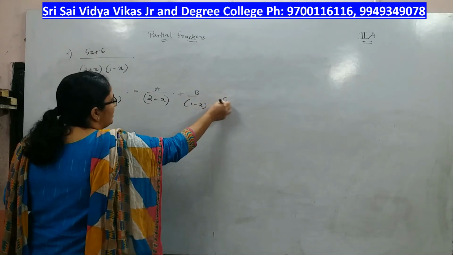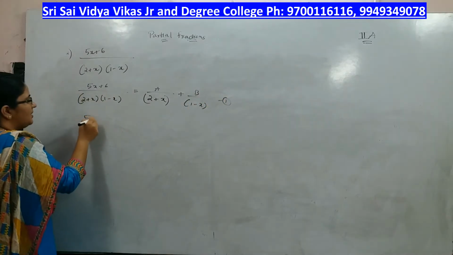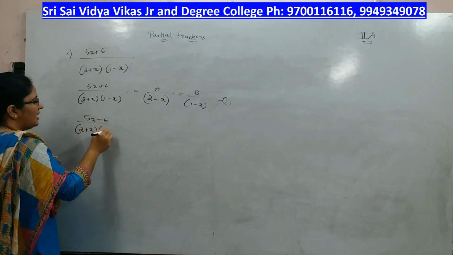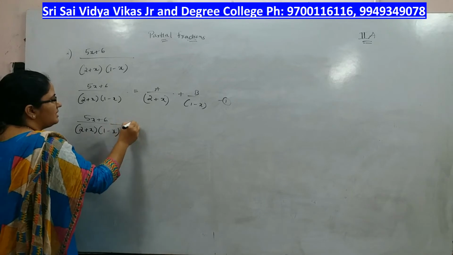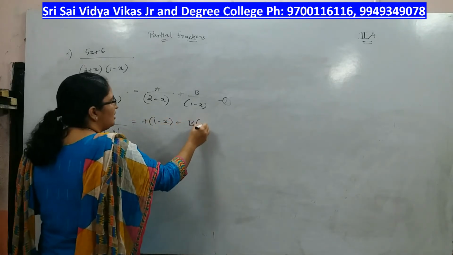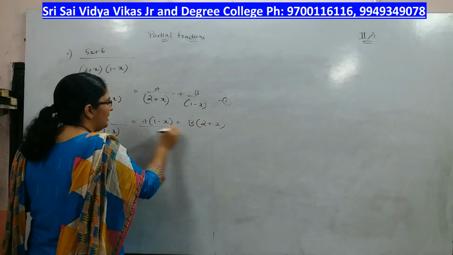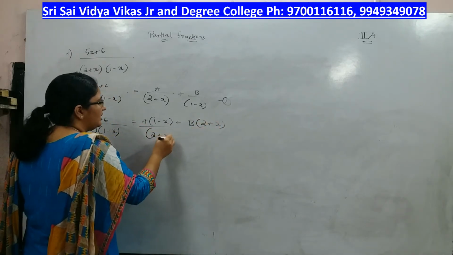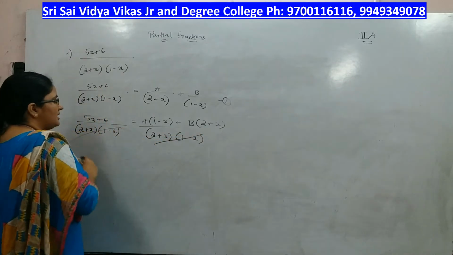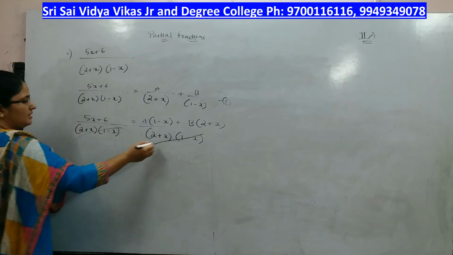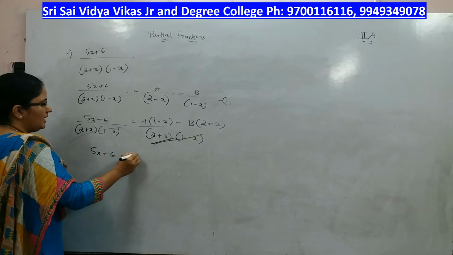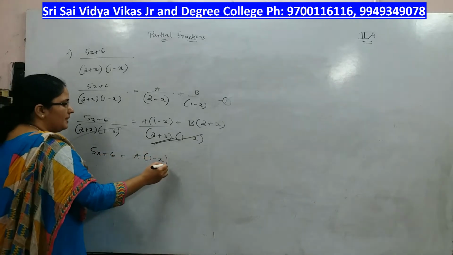Let us call this 1. (5x + 6) / ((2 + x)(1 - x)) equals (A(1 - x) + B(2 + x)) / ((2 + x)(1 - x)). The factors (1 - x) and (2 + x) cancel here, so you have 5x + 6 is equal to A(1 - x) plus B(2 + x).